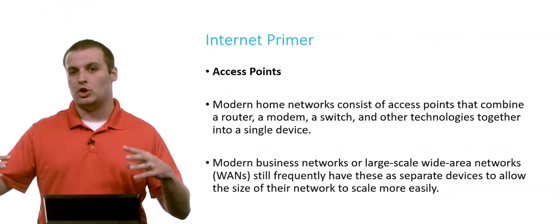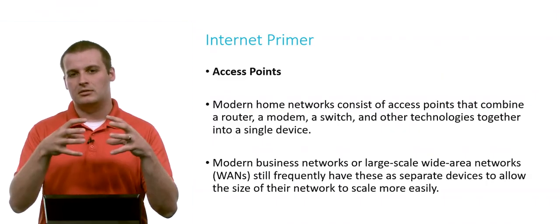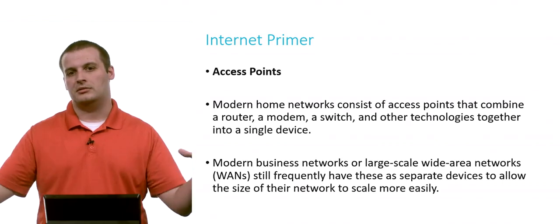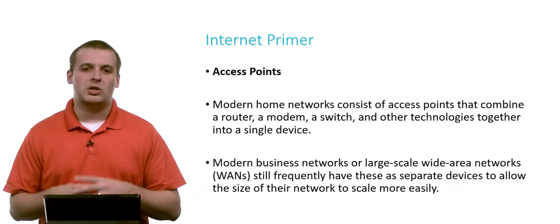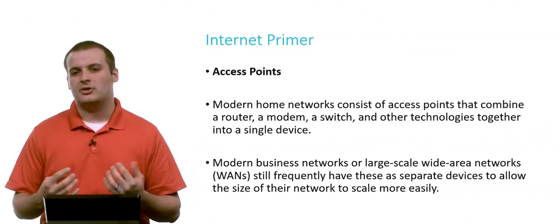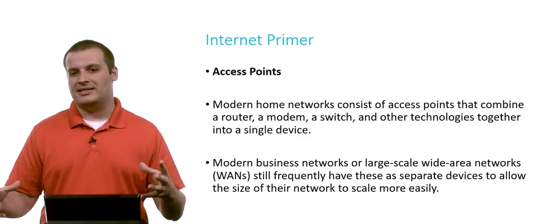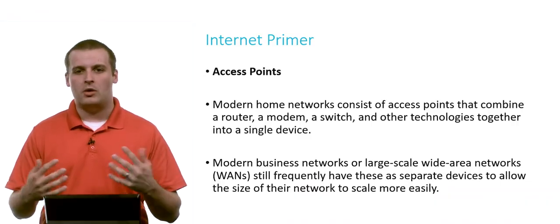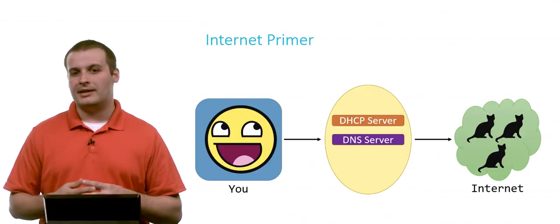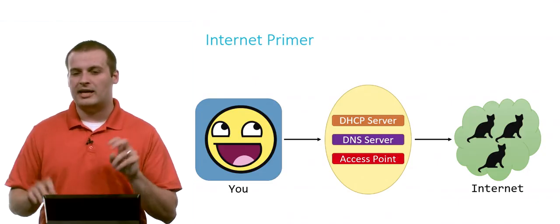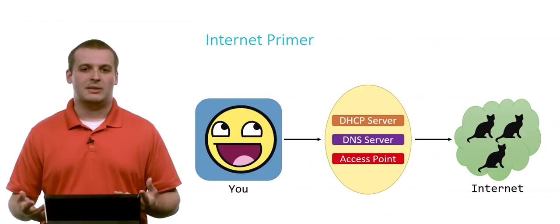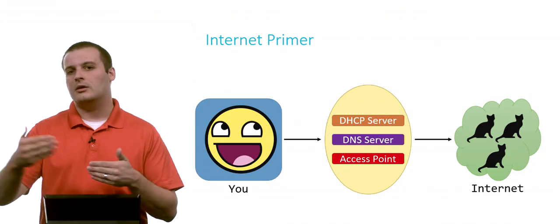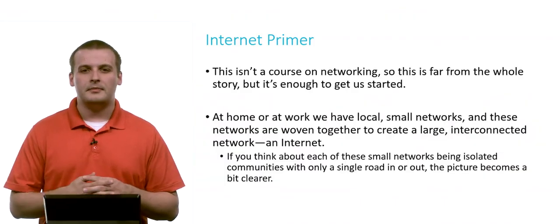Because these networks are so big, one single access point can't cover the large area. And so these large business networks split these into separate devices so the network can scale and grow if needed. So again, somewhere between us and the internet, we have an access point, and that's what we connect to. And through there, we can get to the internet.